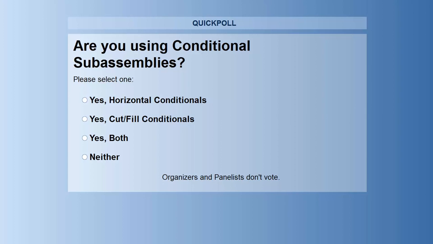Looks like half of everyone is using both, which is always a good thing. So hopefully I'll be able to show you something new, something that you didn't realize before. But for everyone that is either neither or only using one, you guys should be able to get even more out of this, because you'll be able to see the benefit of a cut-fill conditional or a horizontal conditional or both.